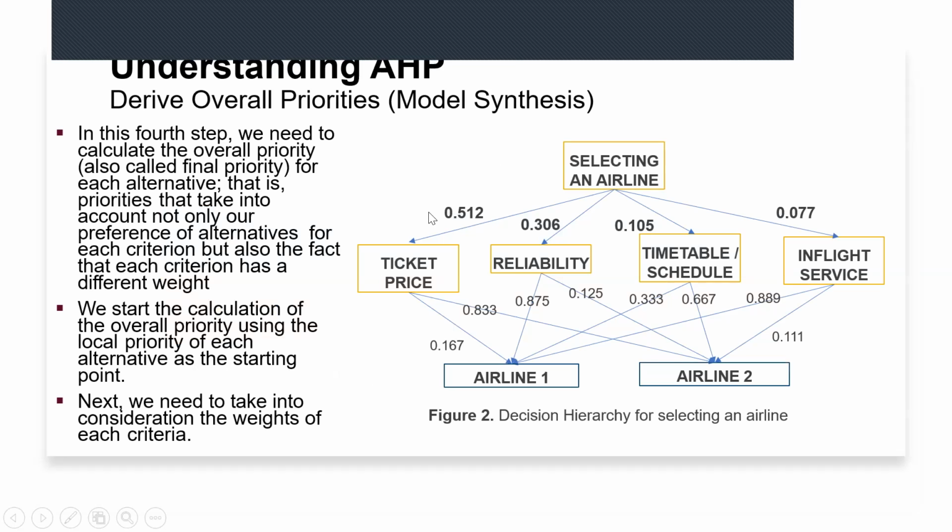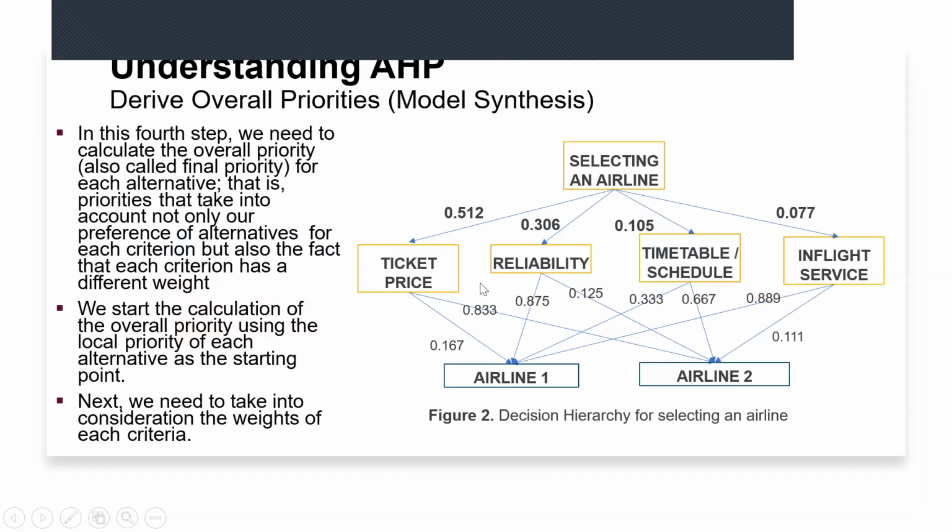Now we have to do the model synthesis. So these are the values we derived, the priorities for the criteria. And then these are the ones for each alternative with respect to the criteria. For example, ticket price, as we said, airline 1 will cost a lot and airline 2 is a lot cheaper.